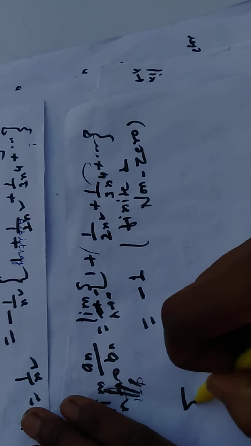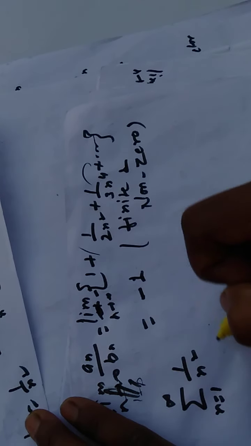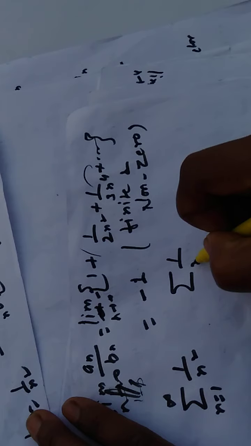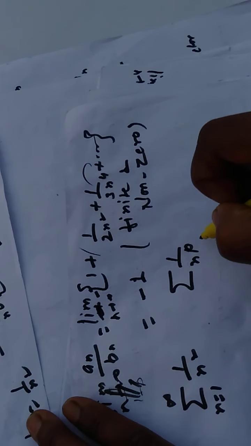Now summation bn is 1 by n square, n varies from 1 to infinity, and you know this is the hyperharmonic series, summation 1 upon n raised to the power p, which is convergent for p greater than 1.